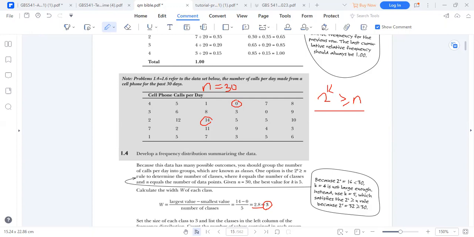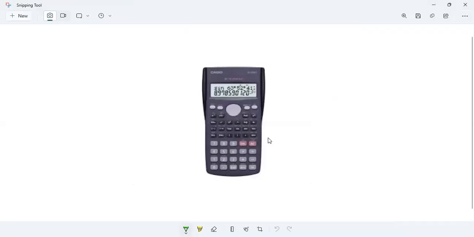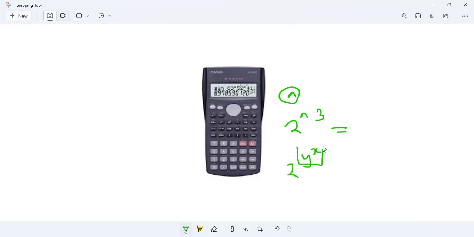If you have a Casio calculator, it looks something like this. The to-the-power key has a symbol that looks like this. So 2 to the power 3 equals. For the Sharp, you're going to find something that looks like y to the power x. So press 2 to the power 3 is equal to 8.